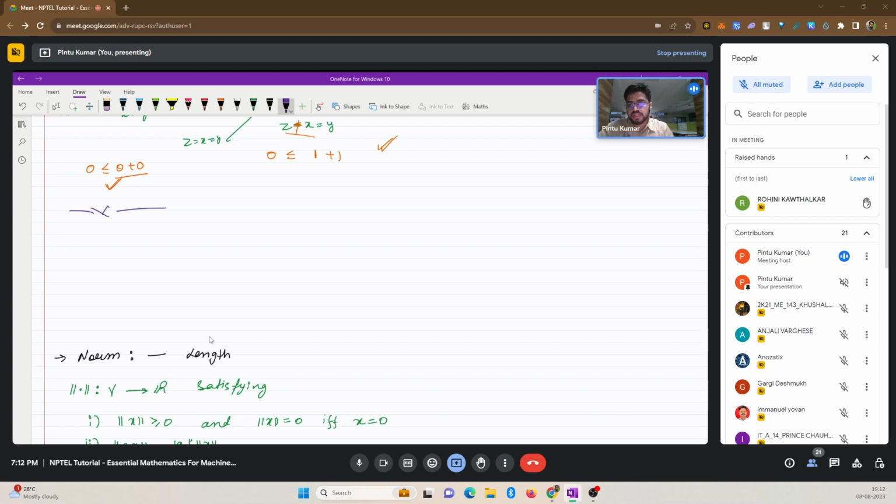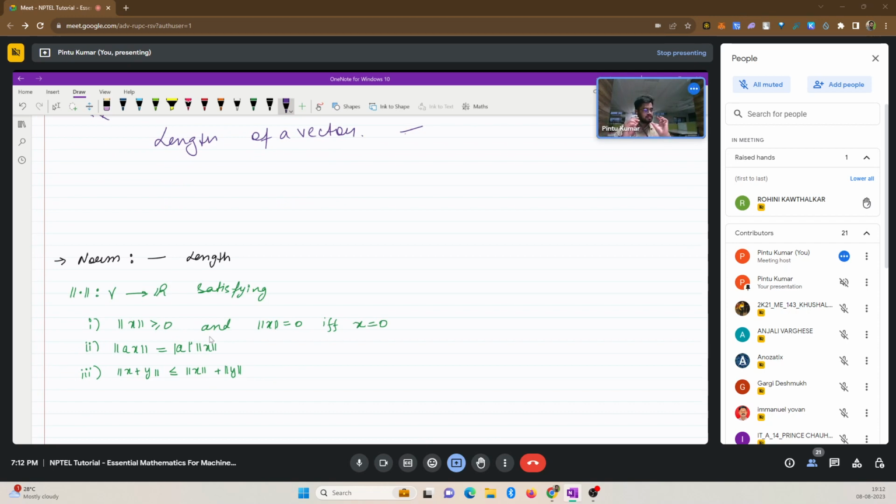The next generalization is for the length of a vector. Till now, the length we have been calculating is called the Euclidean length, or the L2 norm. We will look beyond that.